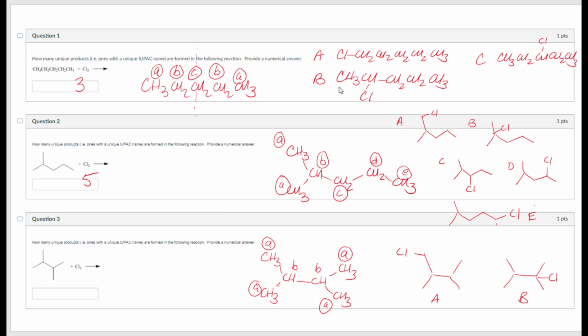So in this case, there are 2 different products, and this kind of shows the symmetry this way and the symmetry this way, making all the methyl groups equivalent, but also then making these CH2s give the same product. So in this case, there would just be 2 products that are the unique products for this reaction.